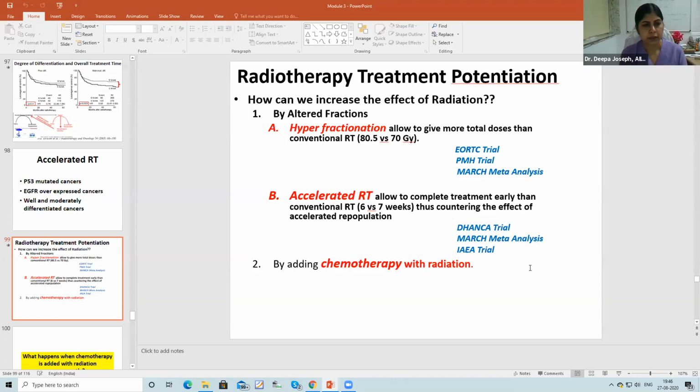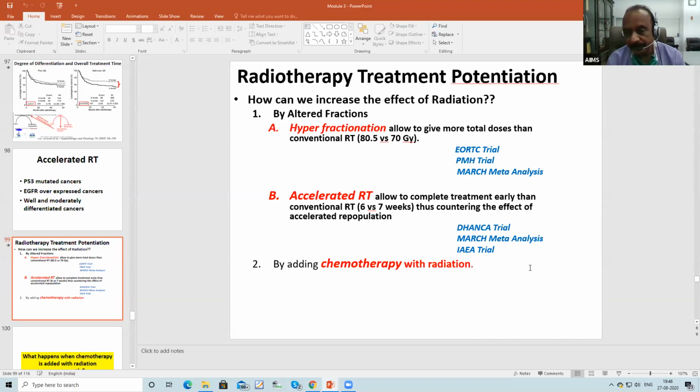Sir, there is one question on tumor doubling time and its clinical implications. So tumor doubling time is basically related with accelerated repopulation. If the tumor doubling time is less, naturally the tumor is multiplying very fast and adding new cancer cells. So if you give the treatment over a prolonged time, naturally it will not be very effective.